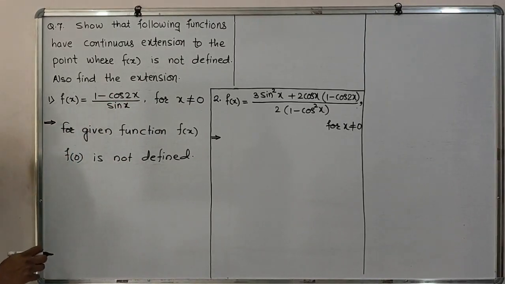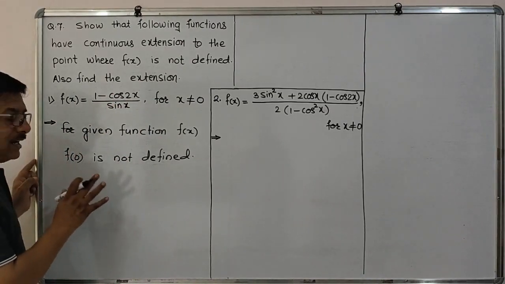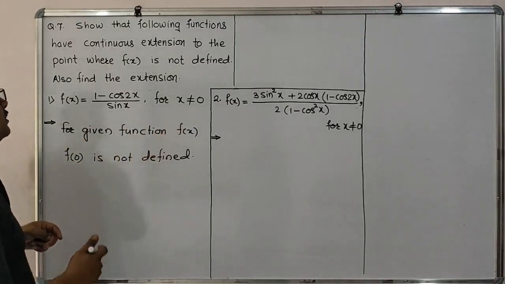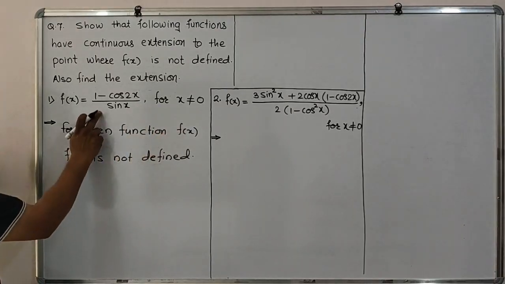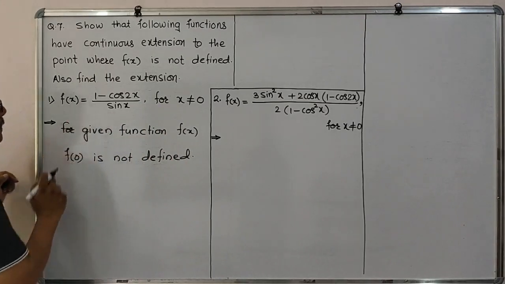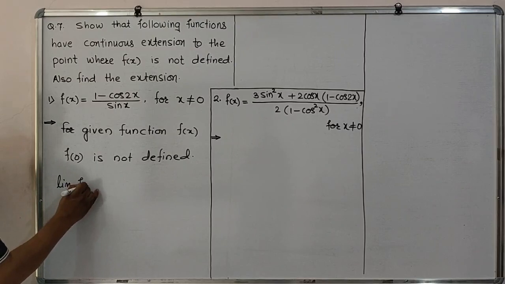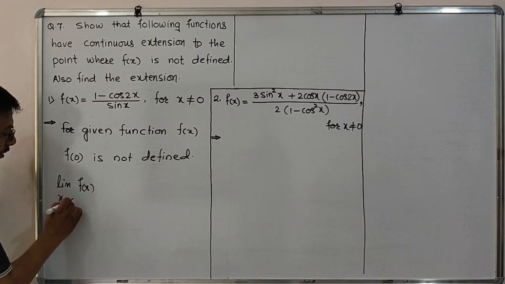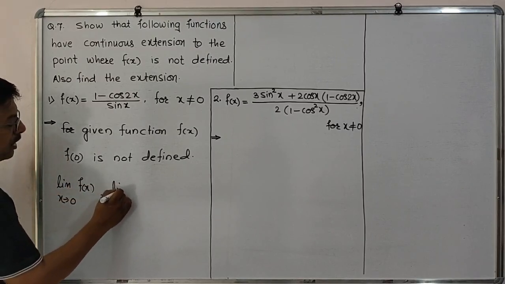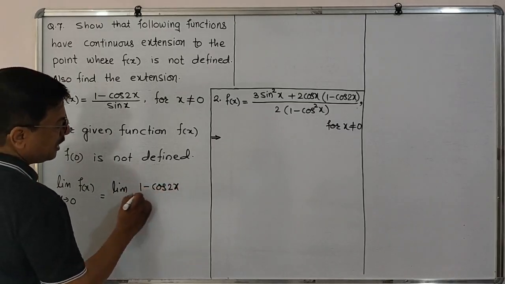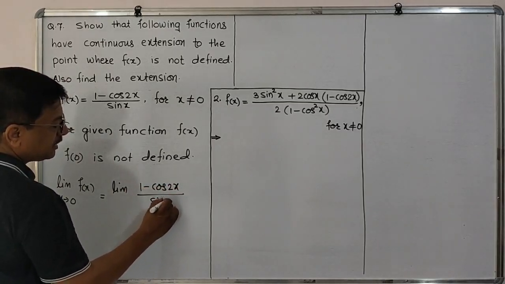Now we are going to find the suitable value of f of 0 where the function becomes continuous. For that we have to find the limit of this function, means limit of f of x as x tends to 0 is equal to limit of 1 minus cos 2x divided by sin x as x tends to 0.